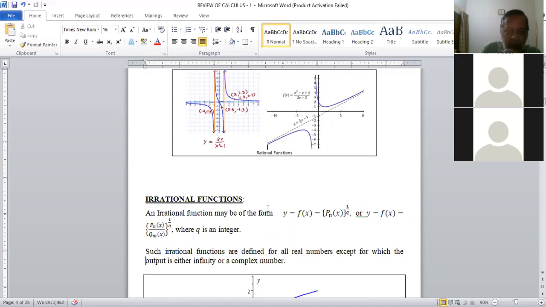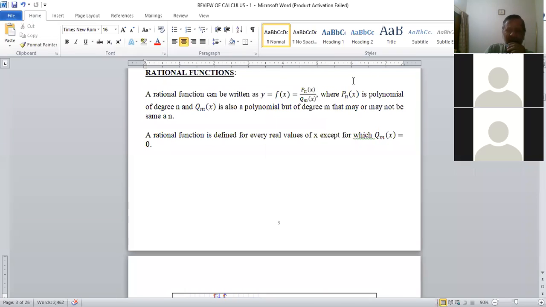Irrational function. Now, irrational functions are not defined in that generality as we have defined rational functions. Any rational function can be put into the form polynomial divided by polynomial.